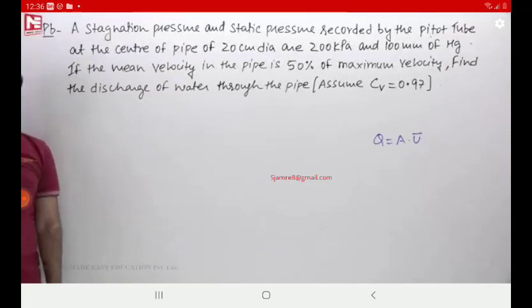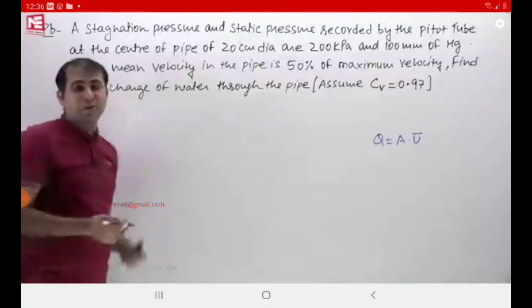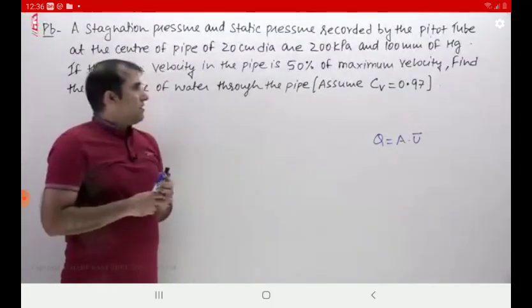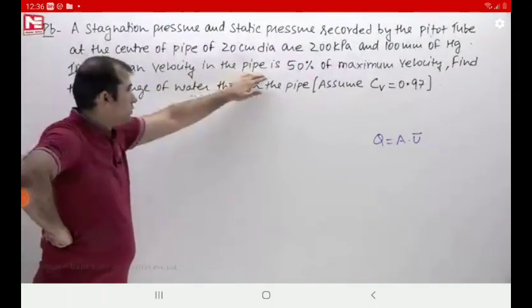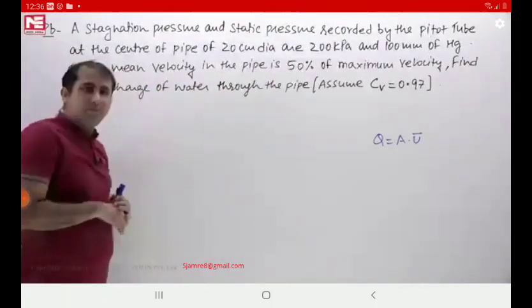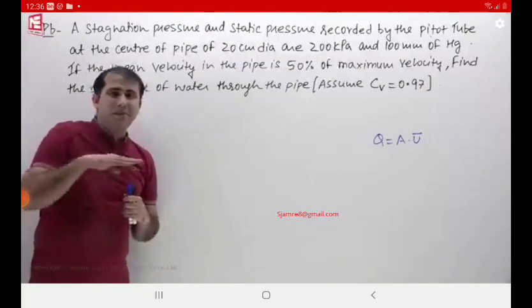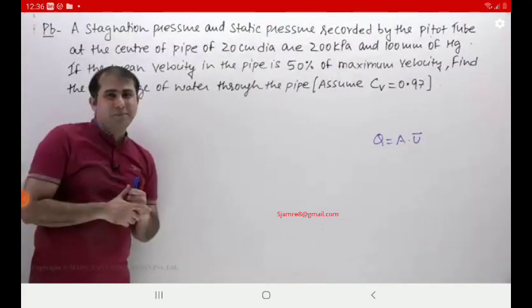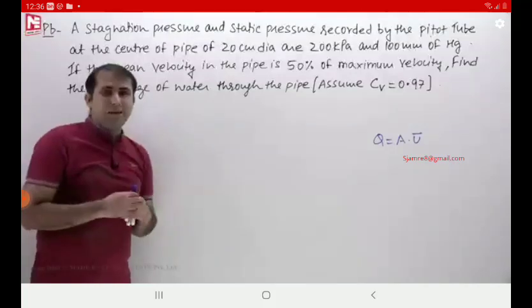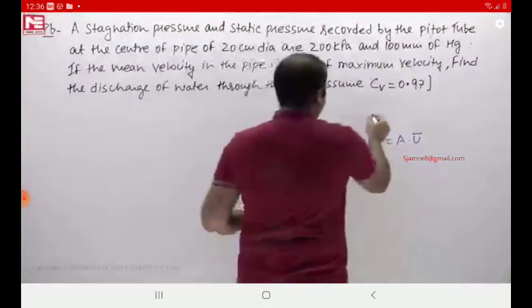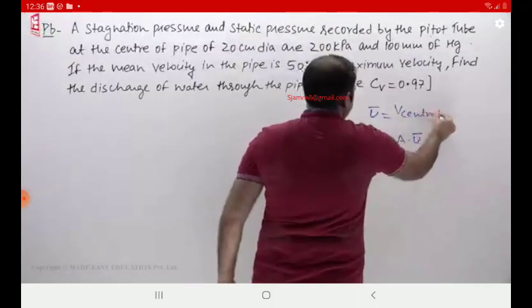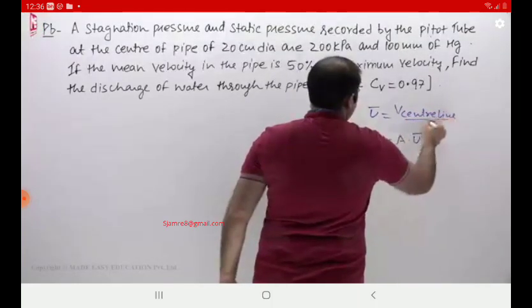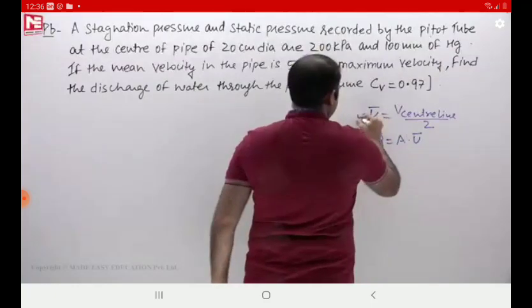After this, see my solution. Now I am going to start with my solution. My dear, the mean velocity in the pipeline is 50% of the maximum velocity. Maximum velocity कहाँ पर होगी? सेंटर लाइन पे जो वेलोसिटी है वो मैक्सिमम है. तो सेंटर लाइन वेलोसिटी निकालनी पड़ेगी, डिवाइड बाय 2 करेंगे तो मीन वेलोसिटी आ जाएगी.